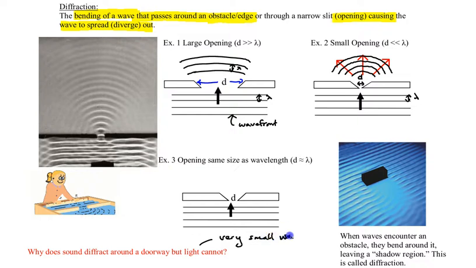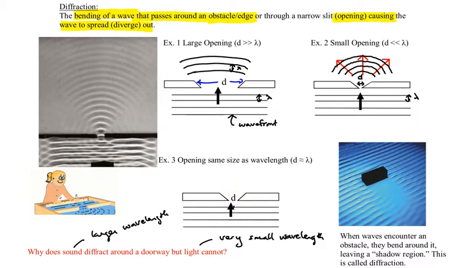Because light has a very small wavelength compared to sound, which has a larger wavelength, light waves are hard to diffract because you have to really force light to go through a very tiny opening for you to see this bending to occur. It does occur, it's just you have to have that opening very, very small.